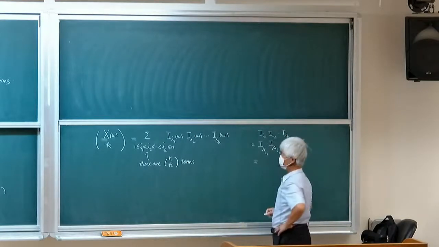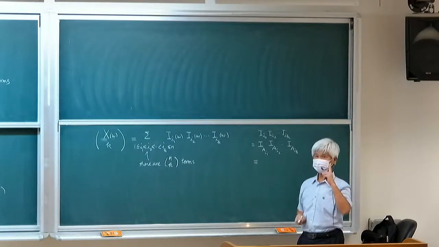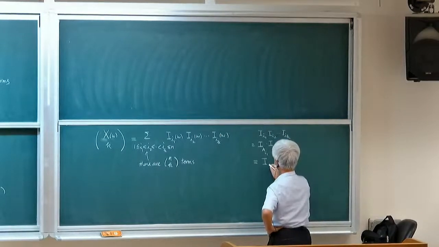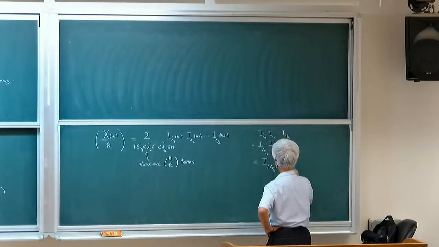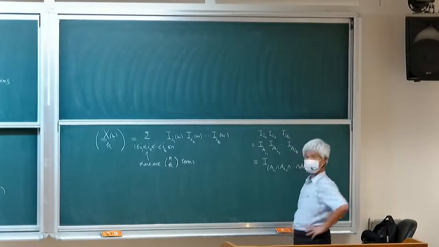And in our midterm number 2, the first problem, you know this is the indicator of A_{i1} intersect A_{i2} intersect up to A_{ik}. Is that correct?